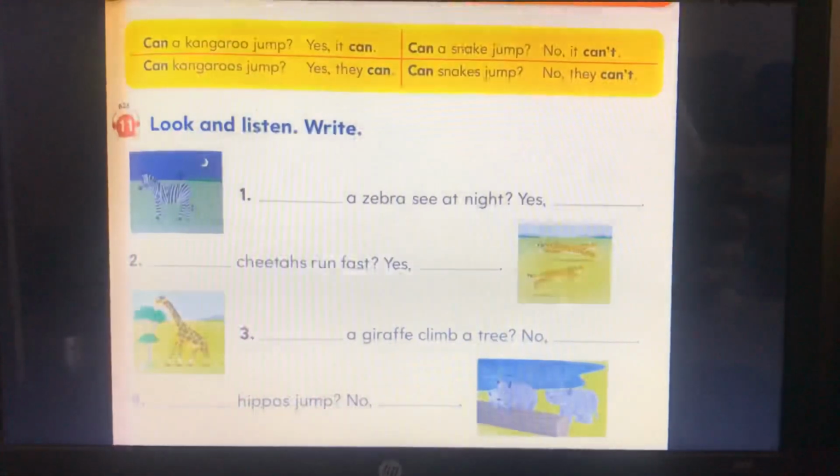I'll give you a couple of seconds. Excellent job! Now we will read the correct answer. Can hippos jump? No, they can't. Very good job, everyone. Excellent. Now, let's move on.